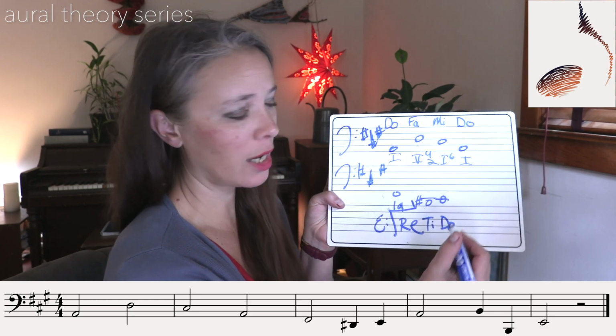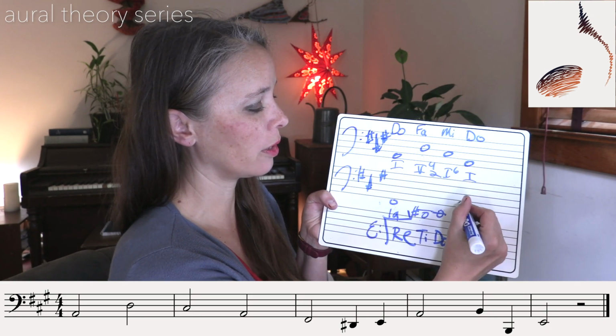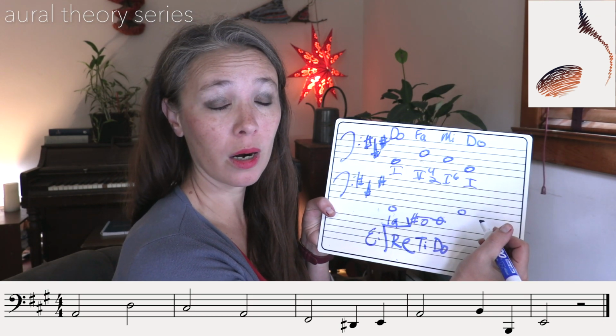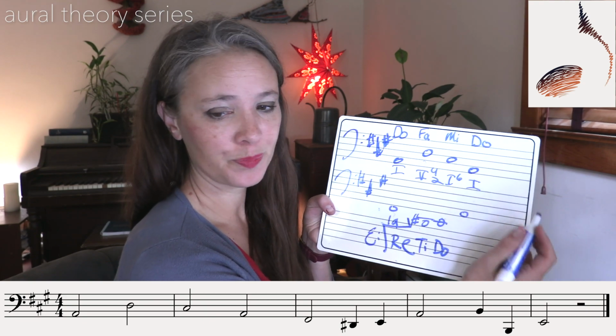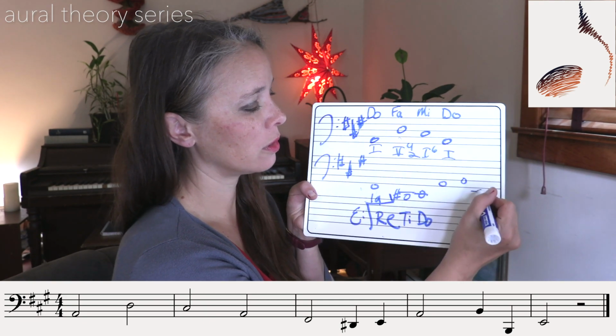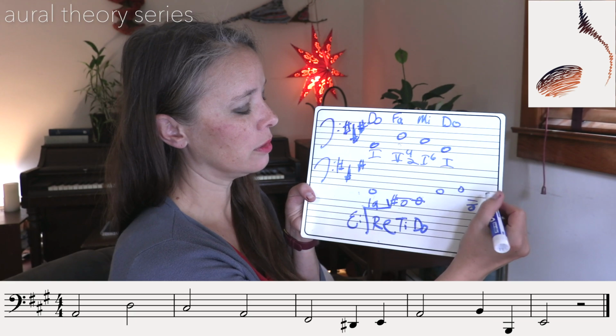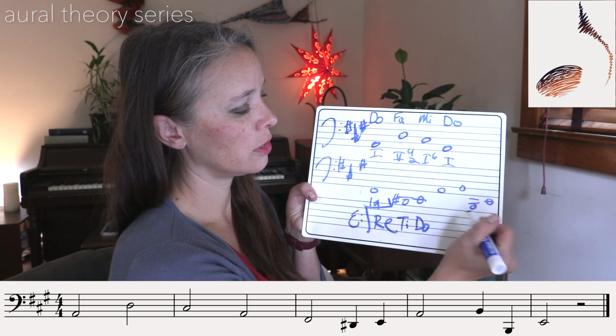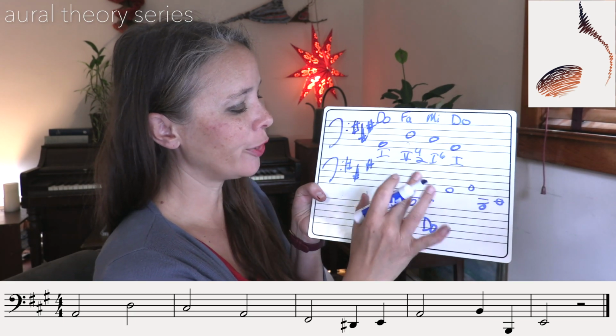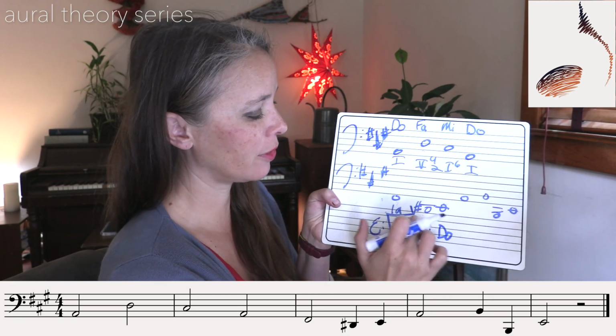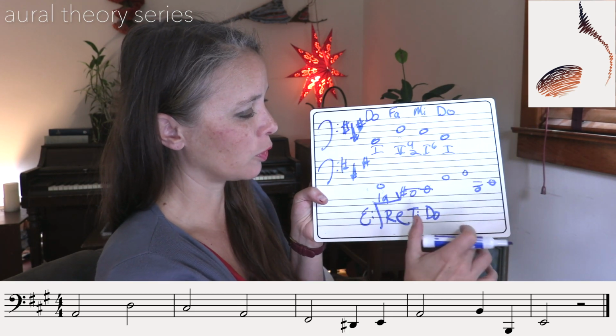And then we've got another predominant chord with the A or fa, sol, sol, do. Okay, so pause the video and at your desk, think through your possible chords for these.